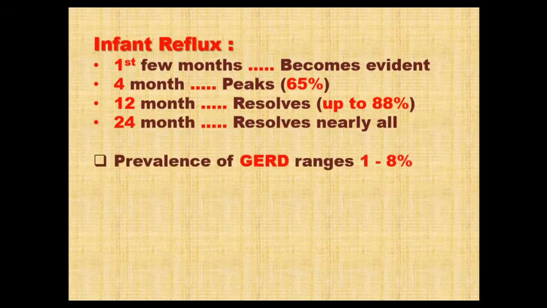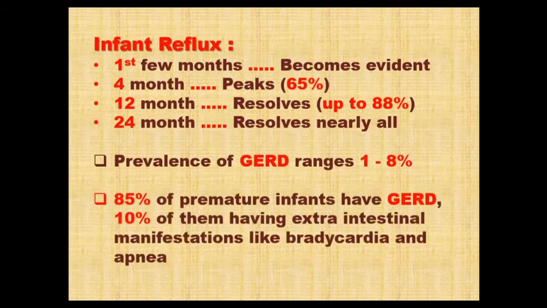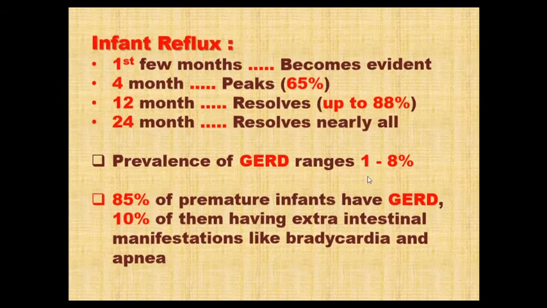In premature babies, the incidence of gastroesophageal reflux disease is high, it may reach 85%. And 10% of them have extra-intestinal manifestations like bradycardia and apnea, while in term babies, the prevalence of gastroesophageal reflux disease is about 1 to 8%.